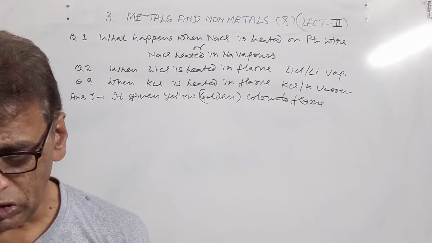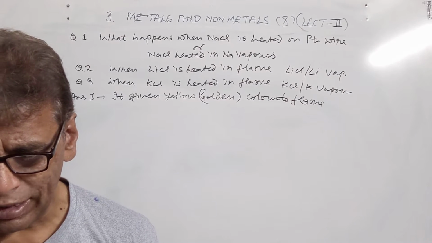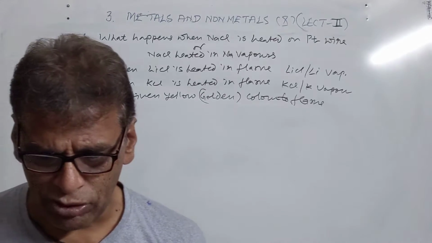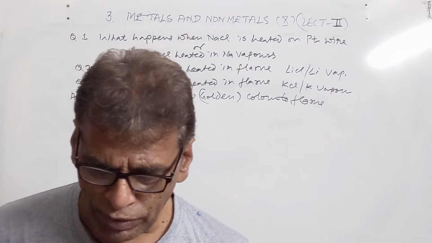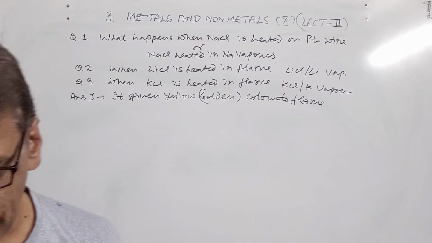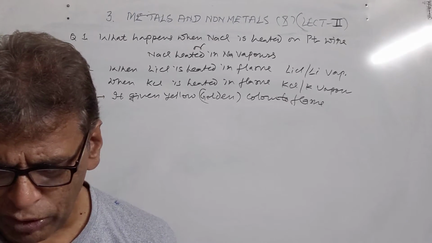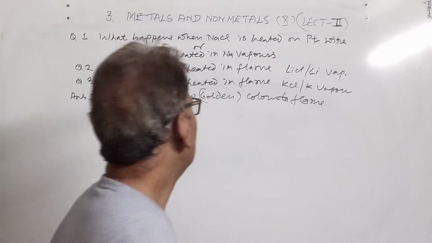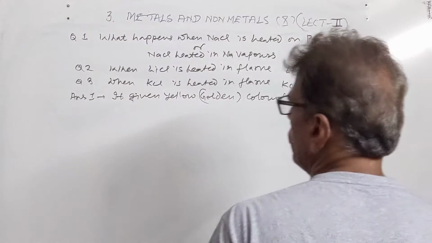In all these cases the electrons get excited from the lower level to the higher level. When these electrons return back, they release the absorbed energy in the form of light, and so they give color to the flame. It gives a dirty yellow color to the flame.